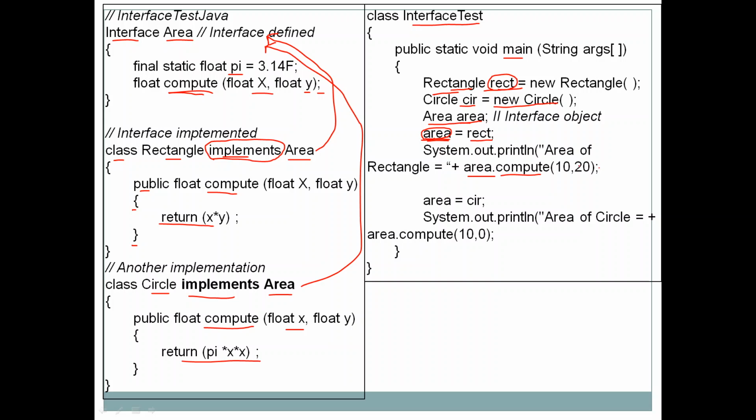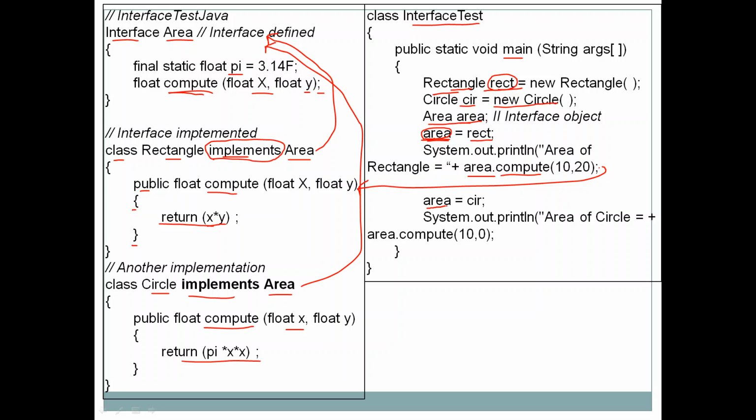When I say area dot compute, this will go to the compute method of class rectangle, which simply returns x into y, that is 10 into 20, and that will be printed because it is inside the print statement.